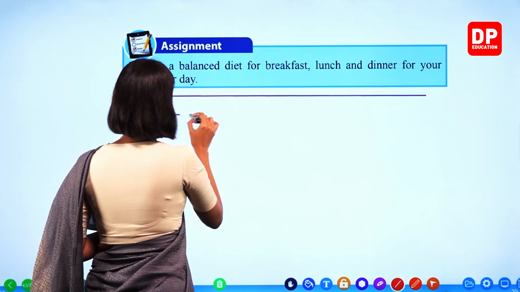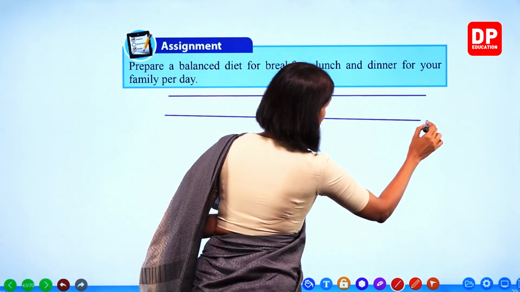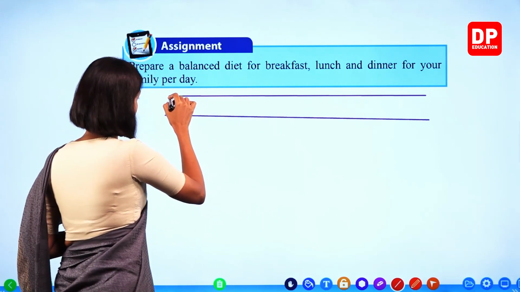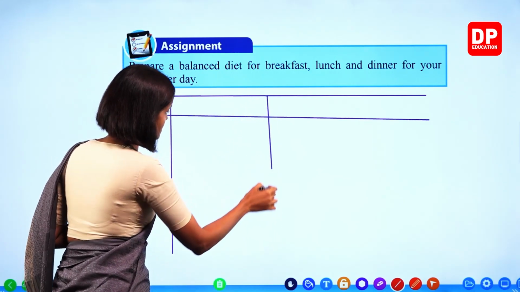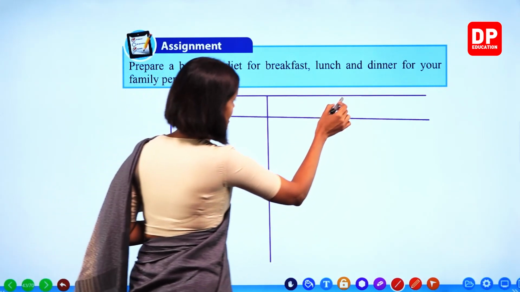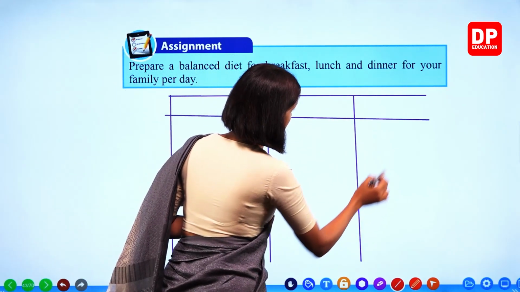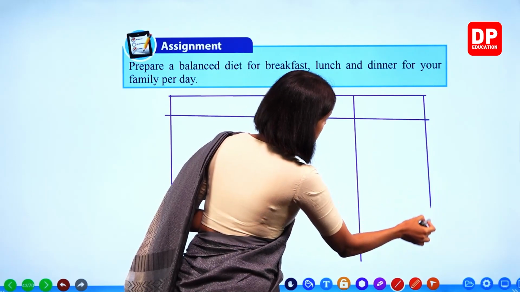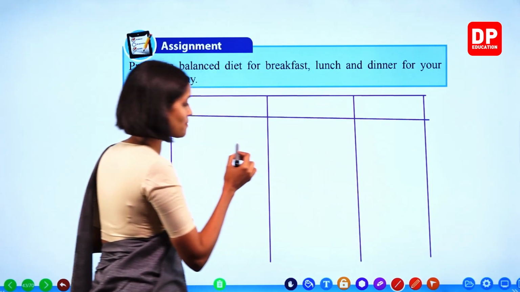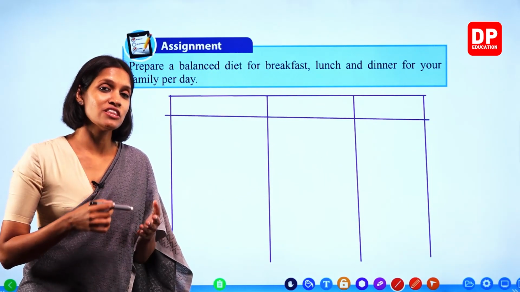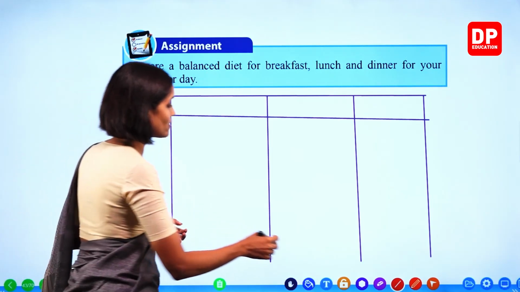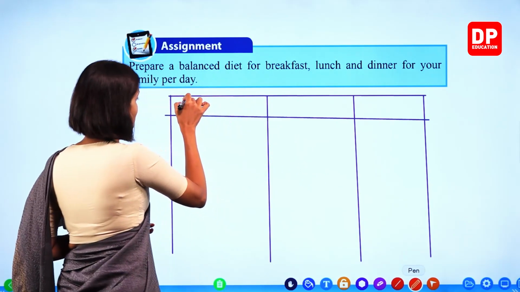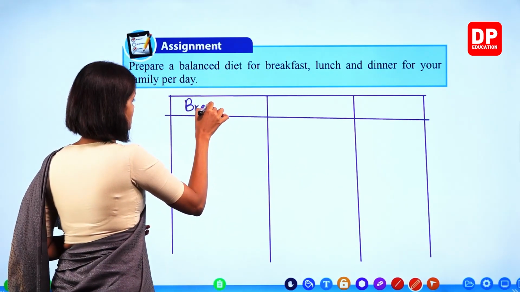You can make your own charts like this, okay? Right. Breakfast, lunch and dinner. It's very easy when you prepare menus. Just check whether all 5 nutrients are there. Then it's easy, right?